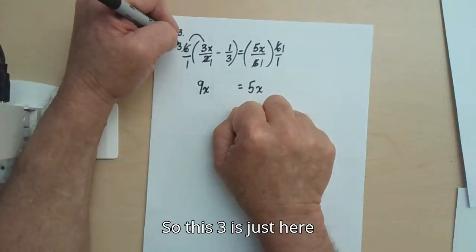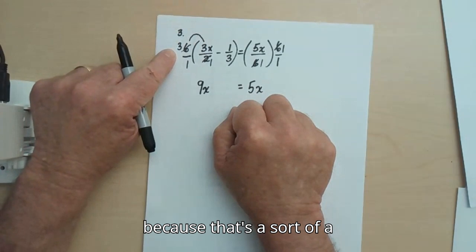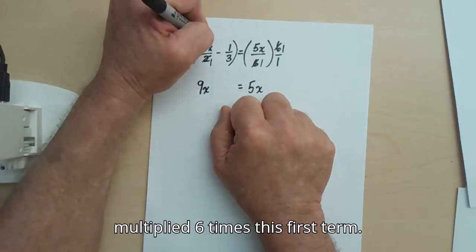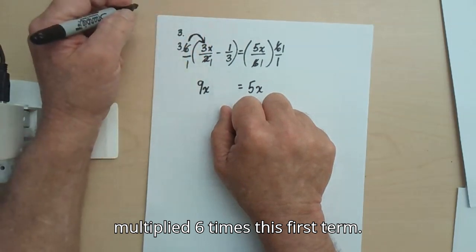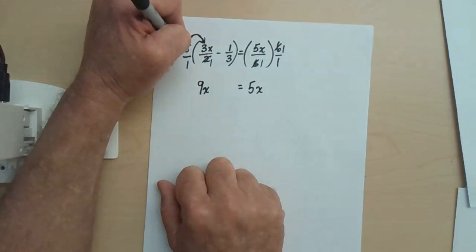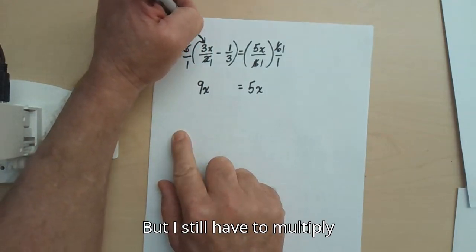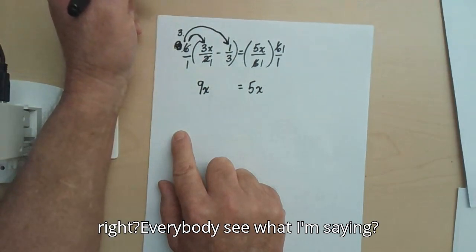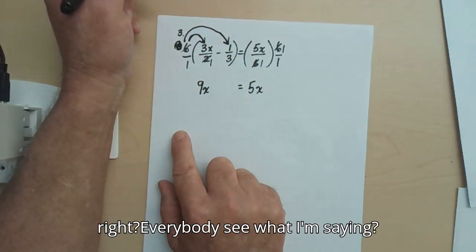So this 3 is just here because that's a byproduct of what happened when I multiplied 6 times this first term. And so then I get 3 times 3x is 9x. But I still have to multiply 6 times the next term, right? Everybody see what I'm saying?